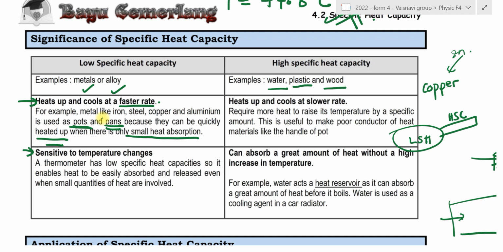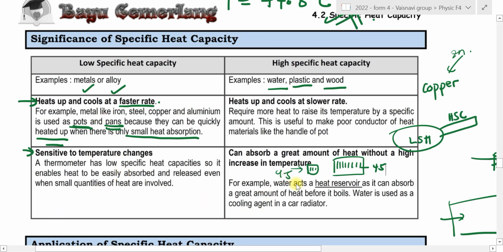Because you imagine a bus and a car, right? In a bus, the number of people occupying is more than in the car. The car can only occupy 4 to 5 people, but one bus can take about 45 people. The number of people is like an analogy for the amount of heat energy you can store.